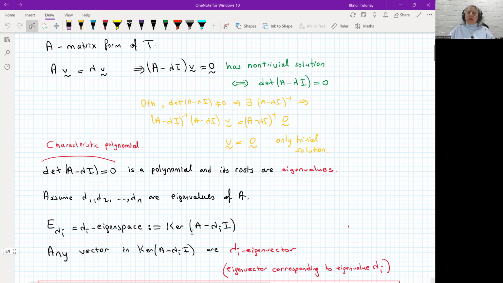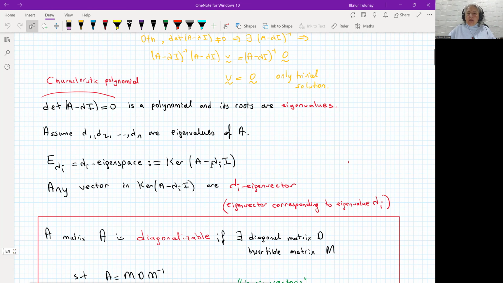Since we figured out the roots of this polynomial, the lambda i's here are known real numbers or complex numbers. When we put it here, we have a matrix and we calculate the kernel of this matrix. It will give us an eigenspace. This is the eigenspace corresponding to eigenvalue lambda i. So that's the definition of it.